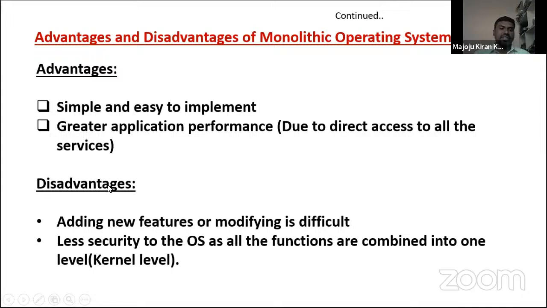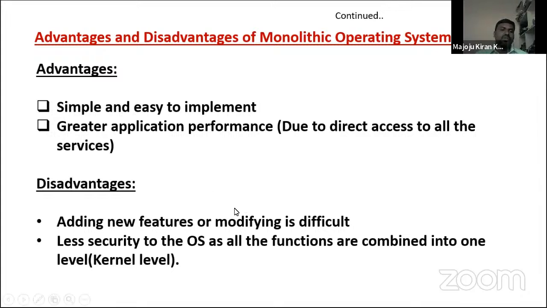And apart from these advantages, it also has some disadvantages. Let us see what the disadvantages are with the monolithic operating system. If you want to add any new feature or make any modification, it is very difficult because all the functions are combined into the monolithic kernel.